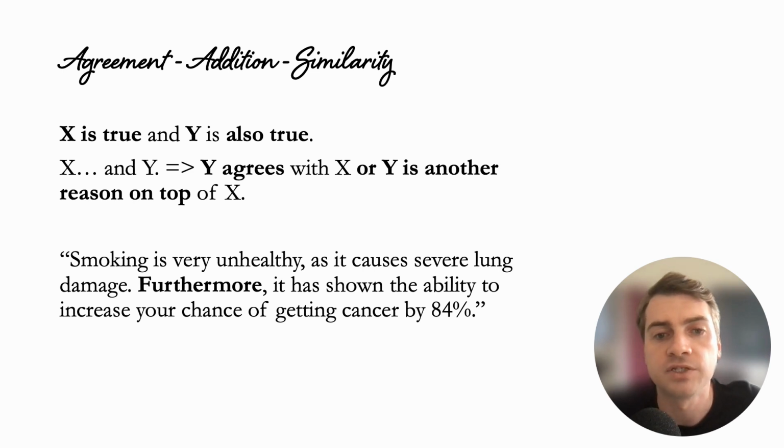So because of the transition furthermore, we know that these two things agree with each other, okay? Y is adding on to the X. So we're saying not only is it unhealthy, but it's so unhealthy that it makes it much more likely that you will get cancer. So if we're reading this and we're trying to figure out what the author means, we could say that they were adding more reasoning here because of how they used furthermore.